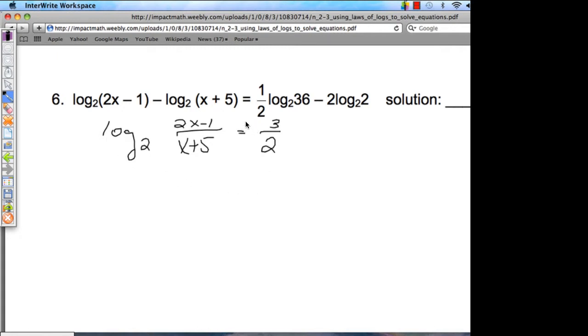Log base 2 of 3/2. And since the log base 2 is the same, what we can say is that 2x minus 1 over x plus 5 is equal to 3 over 2.